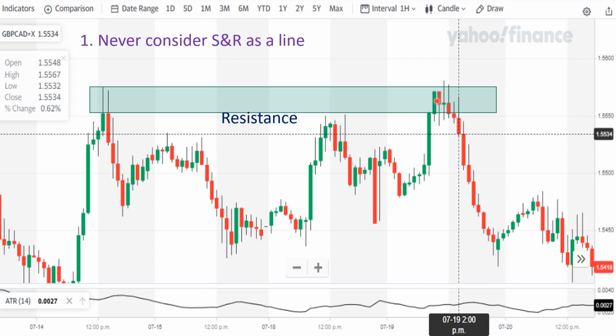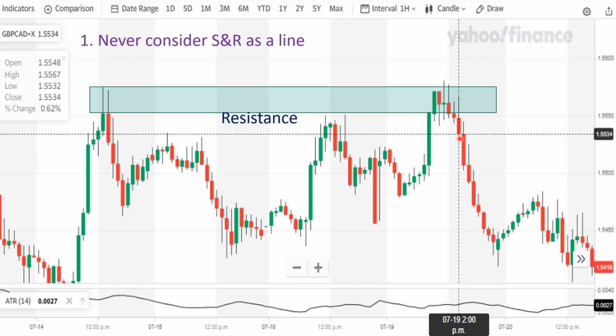It went inside the resistance, fluctuated inside, and then reversed and closed below the resistance area. It triggered my previous stop loss and put traders out of the trade because they considered the resistance as a line, not as an area.